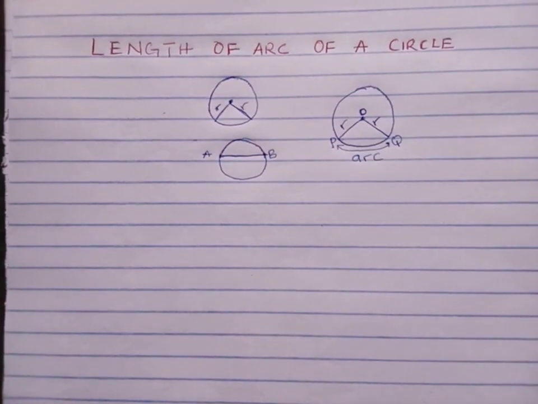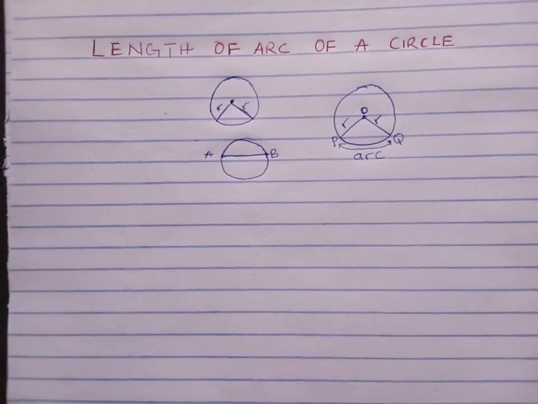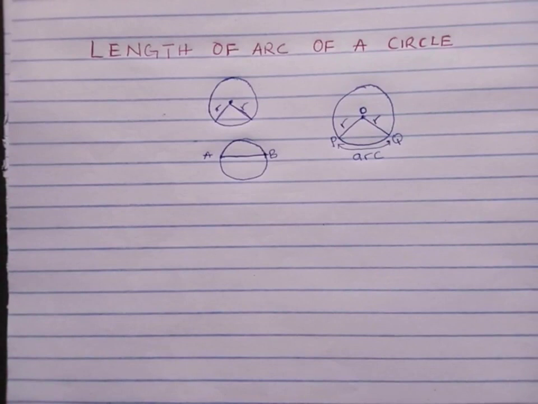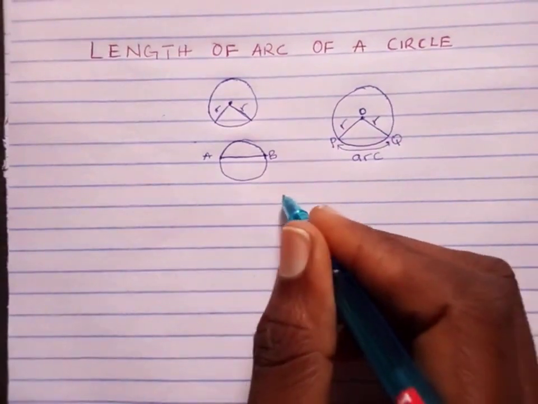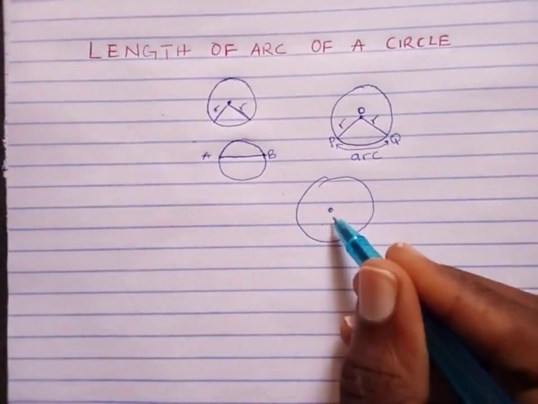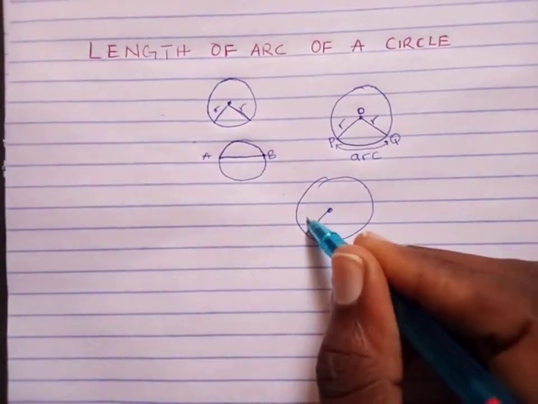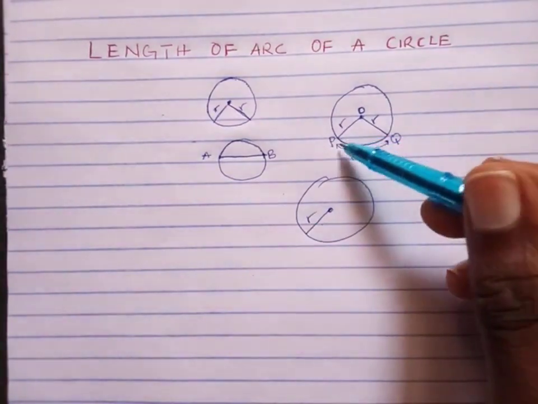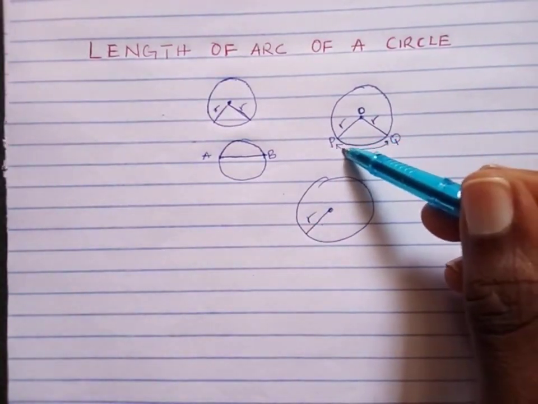All right. In order to calculate the length of arc of a circle, there are two dimensions that must be known. First of all, we must know the radius of the circle. That's the first thing that must be known in order for us to calculate the length of this arc of the circle.